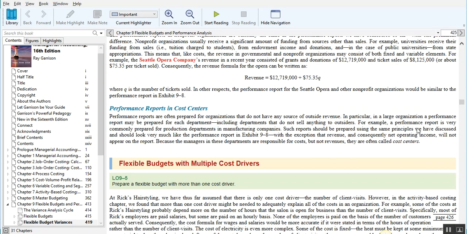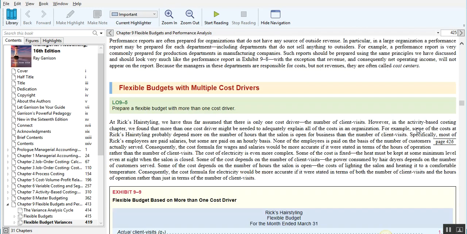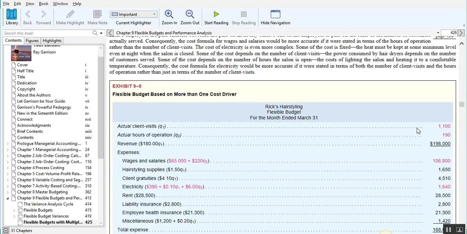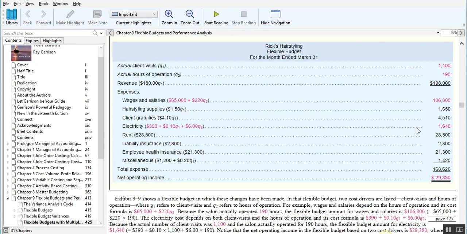There is some other information here about flexible budgets with multiple cost drivers, and that's what we were looking at when we actually calculated it based on the mixed costs. If you're looking at multiple cost drivers, it means you may have two different quantities you're looking at.